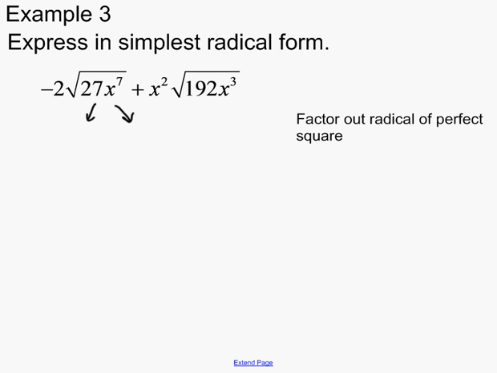So we can factor that out, and we get radical 9 x to the sixth times radical 3x. So 9 being the perfect square, that goes into 27. And then, to factor out x to the 7th, you've got to factor out the highest even exponent.